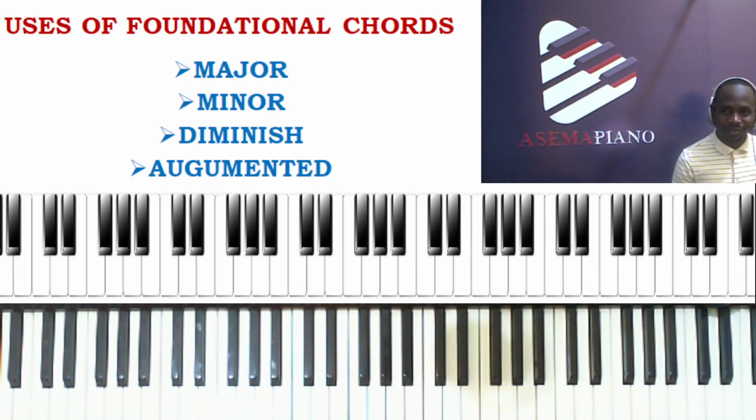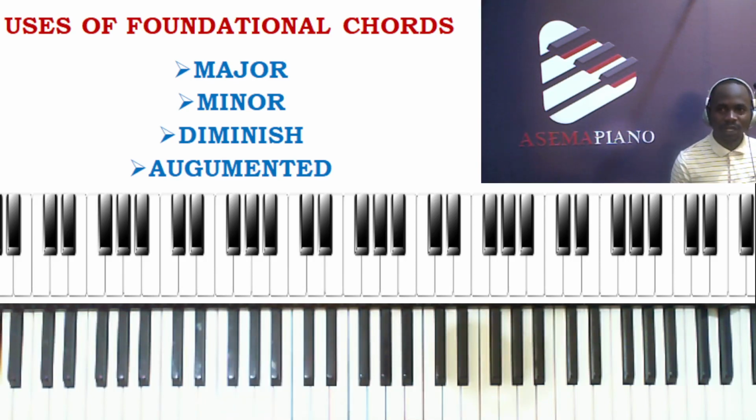And today I'm explaining how to use those foundational chords that we just learned on the previous session. Now, we learned about the major chord, the minor chord, diminished chord, and the augmented chord. Now, this is a beginner's lesson but also an intermediate lesson because I'm going to assume the following scenarios.